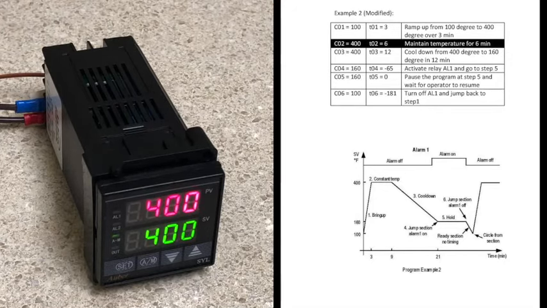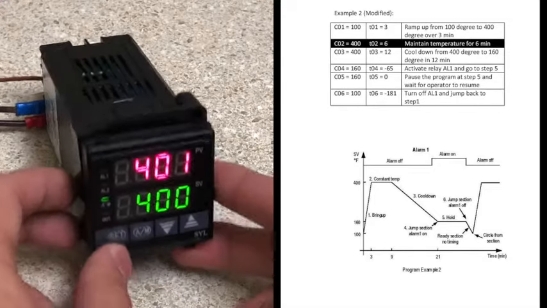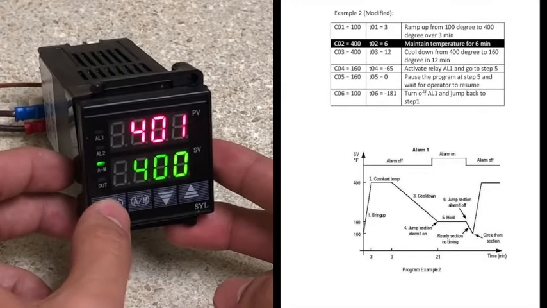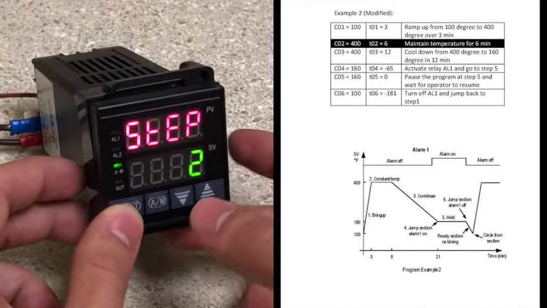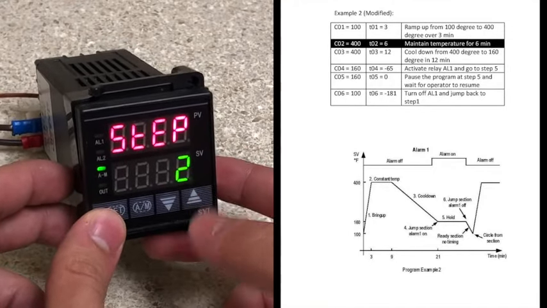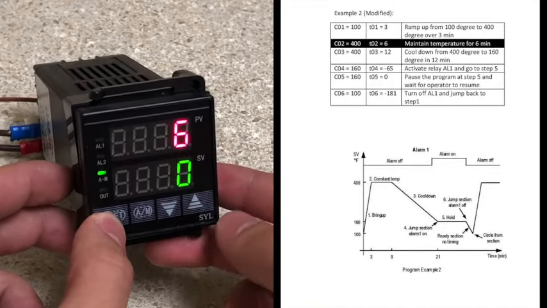Now I'm just going to quickly click set to check step 1, just to make sure. Okay, and we can see that the program actually did start and that it actually did run.